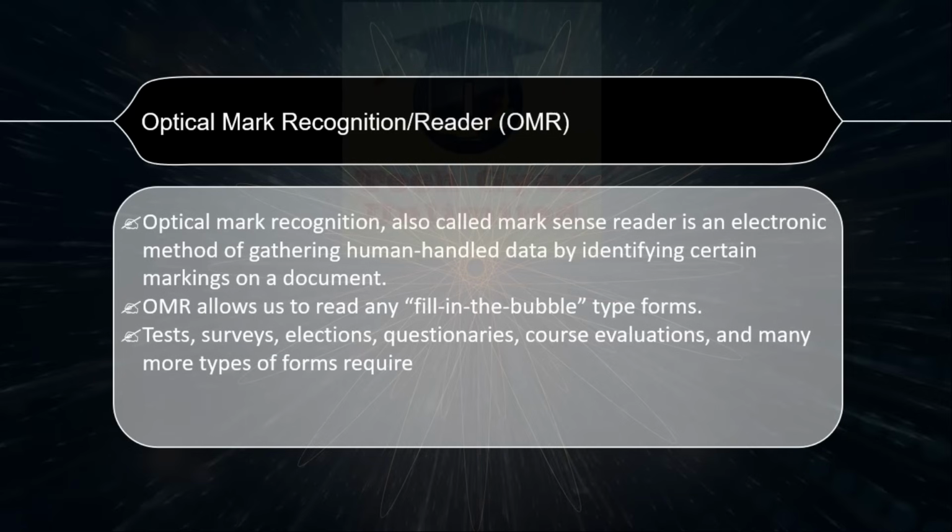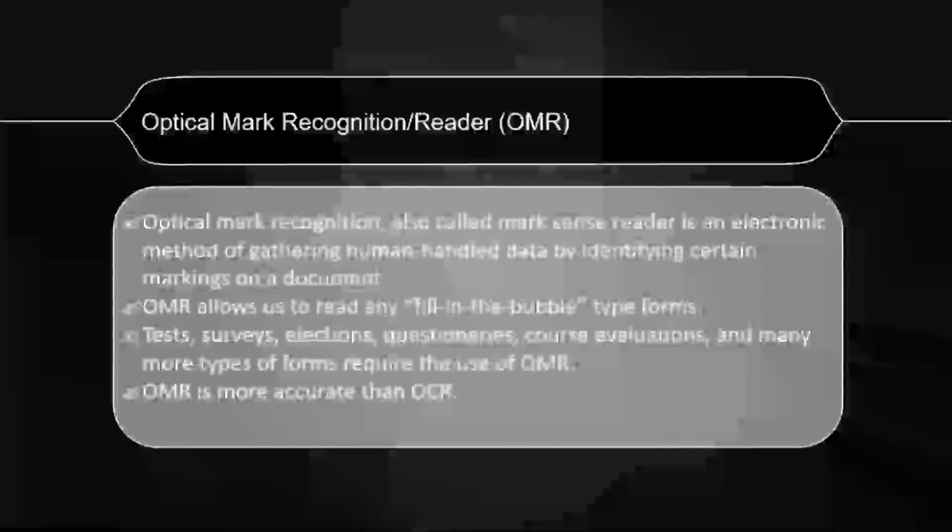OMR allows us to read any fill in the bubble type form. Test, survey, elections, questionnaires, course evaluations, and many more types of form require the use of OMR. As you can see, Loksewa answer sheet also contains OMR. OMR is more accurate than OCR.